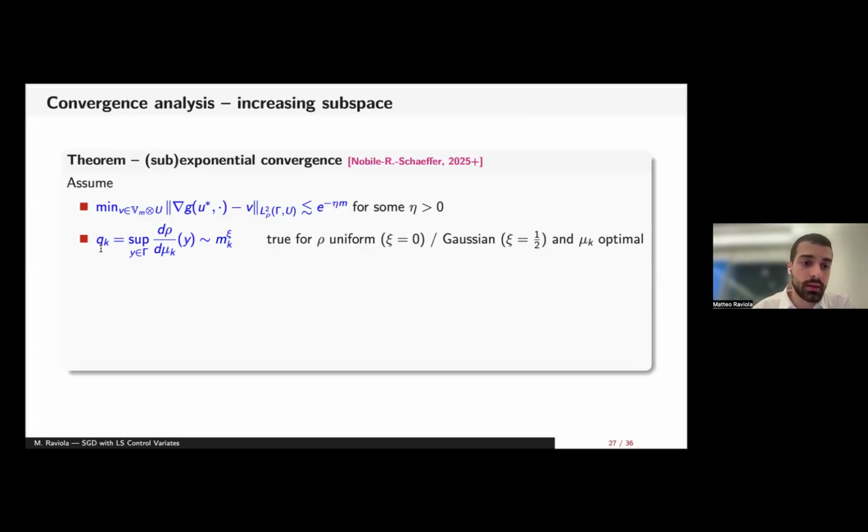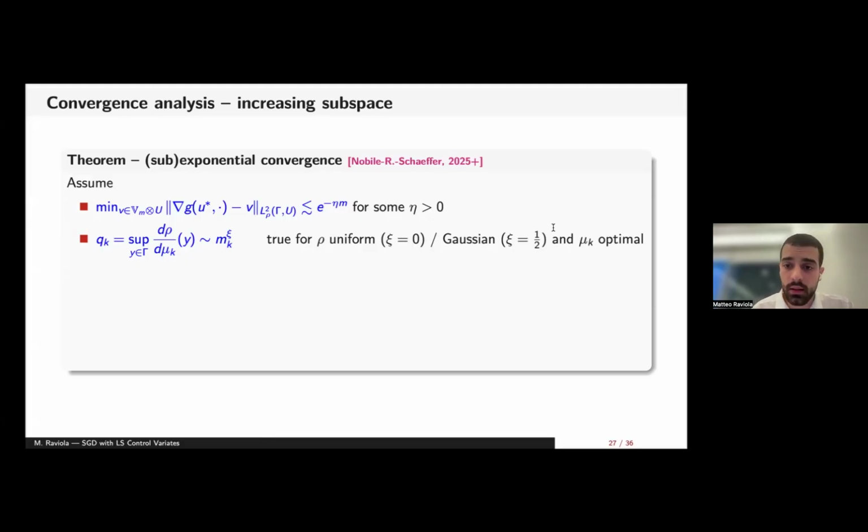Then we also define this qk, which is the supremum of the Radon-Nikodym derivative, which now depends on the space, and we allow it to grow with the space size, with xi in 0, 1. This assumption is true when mu is uniform, so xi equals 0, meaning no growth, and for Gaussian we have growth with rate 1/2, when mu k is optimal.